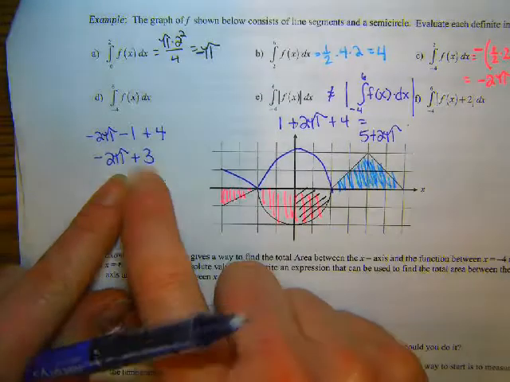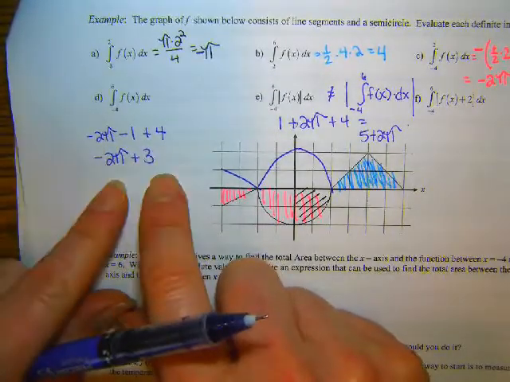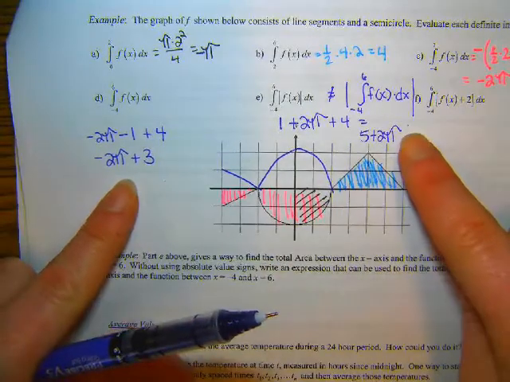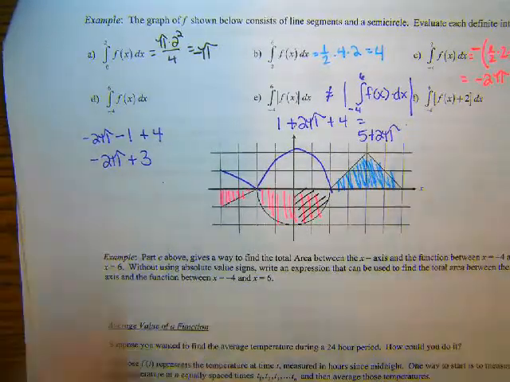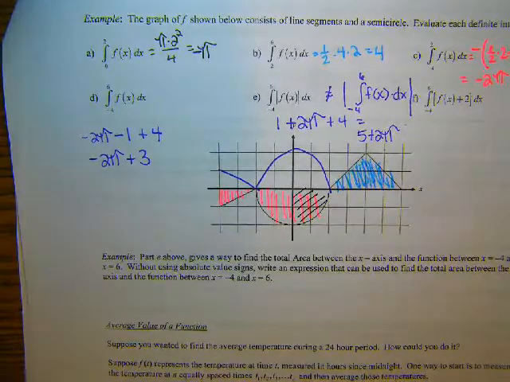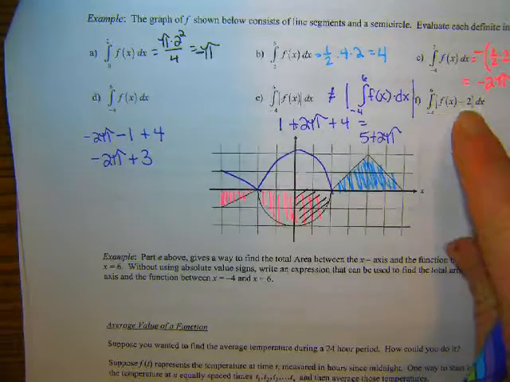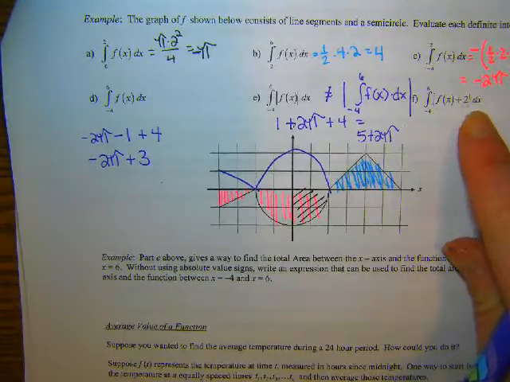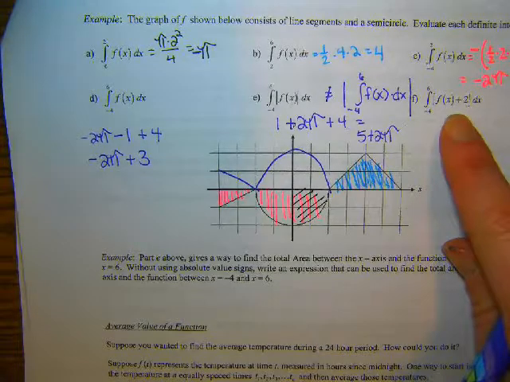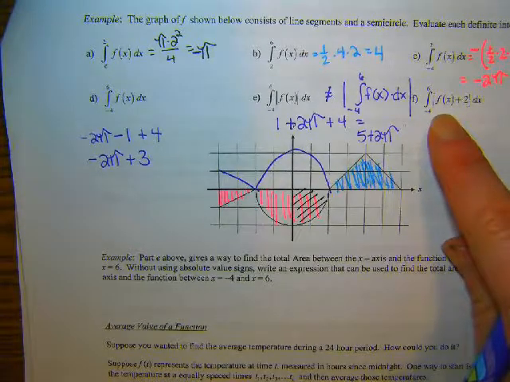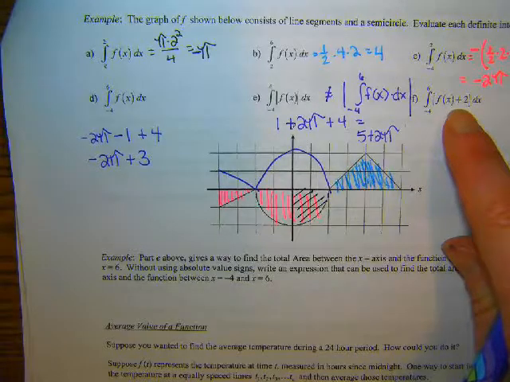Value of this right here, is that the same as that? No. Okay, this is a bracket. This is a bracket. What do you think would happen if I moved this function up 2? The area would be positive.